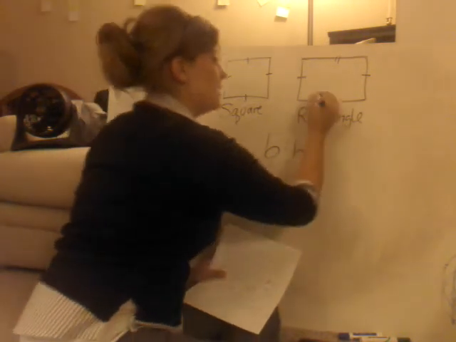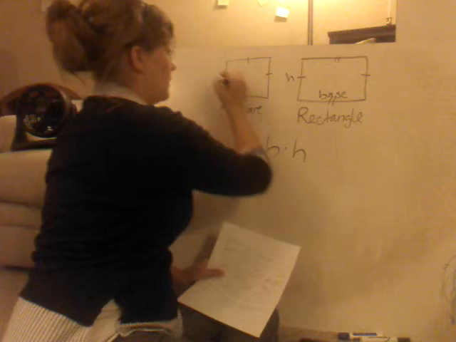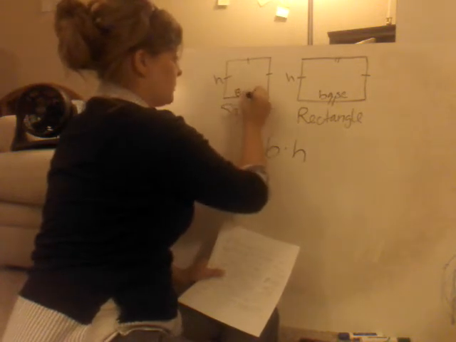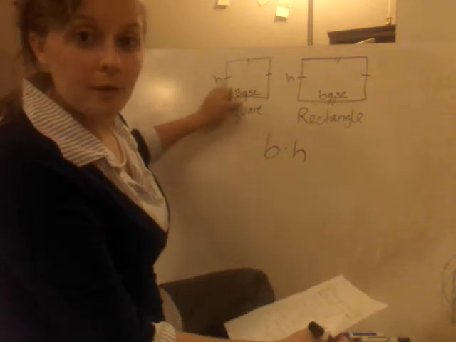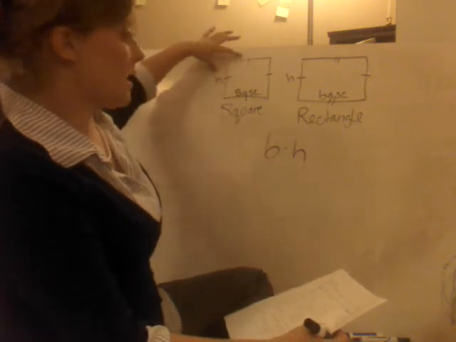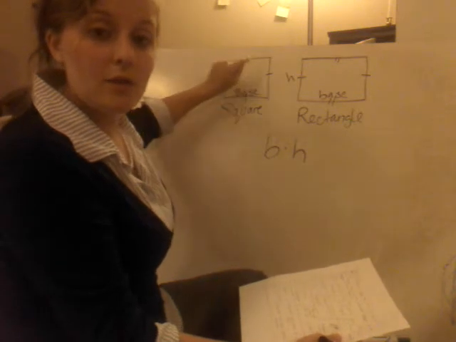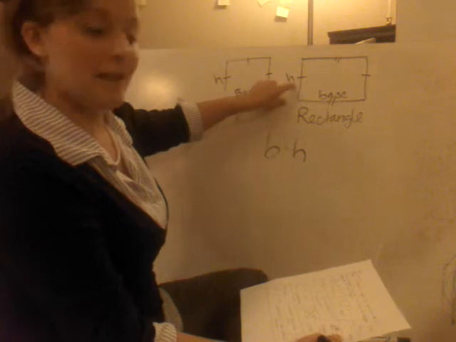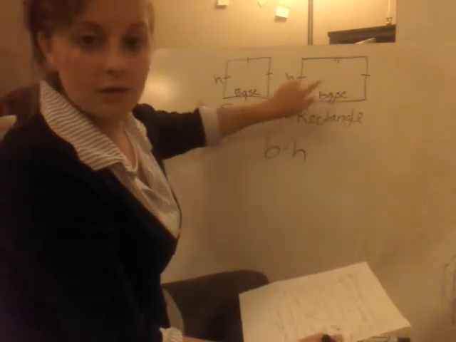And it still means that this is my base down here on the bottom, and this is my height. Now, it doesn't matter if it's actually on the bottom, because in a square, every side is the same anyway. So as long as you took one side times another side, and it's a square, then it doesn't matter. Now for a rectangle, you'd have to take a short side times a long side. You couldn't just go across.